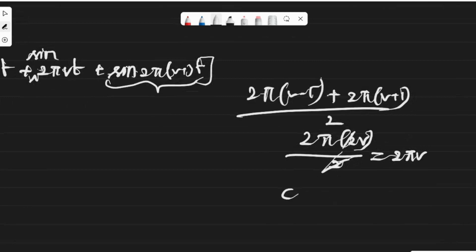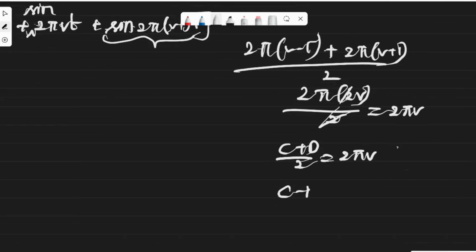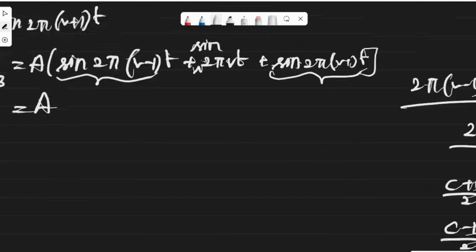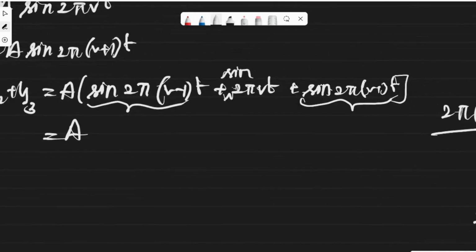Similarly, c plus d by 2 is equal to 2 pi v, and c minus d by 2 is equal to minus 2 pi t. So this will be equal to a into 2 sine of c plus d by 2 into cos of c minus d by 2.